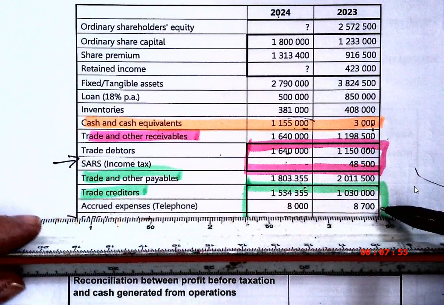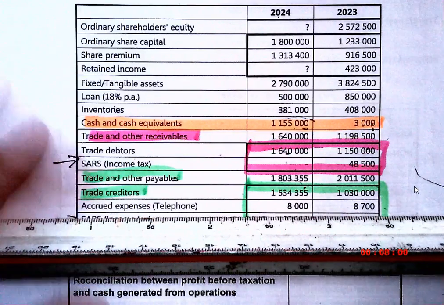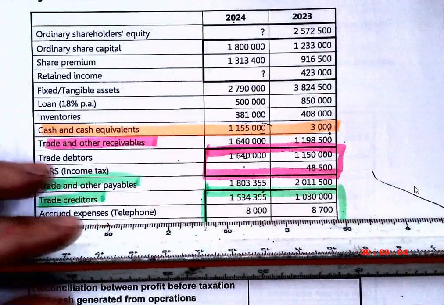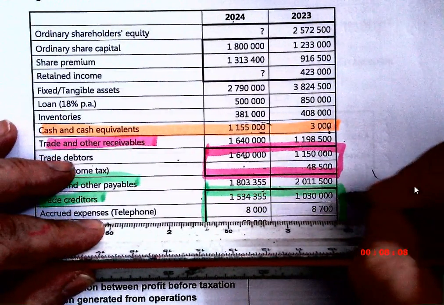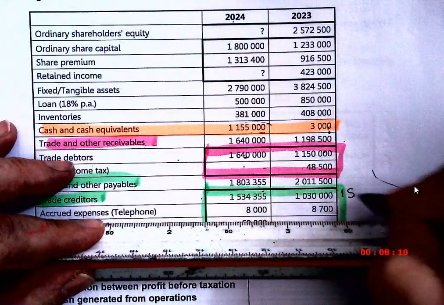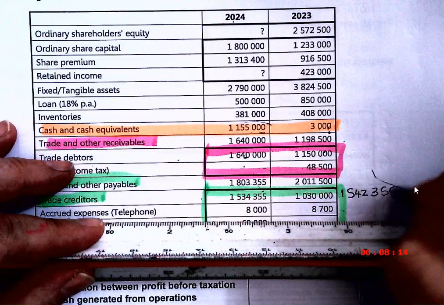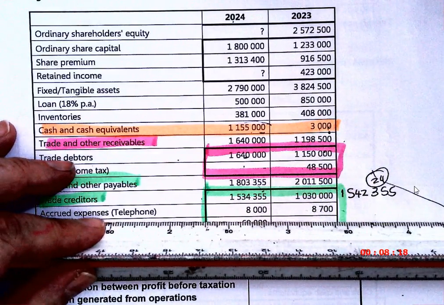Does that make sense to you? So in other words, I will add the 2. I'm going to do it for you quickly. I will add the 2. What is my total here? If I say 1534, it's going to give me 1542355. That's 24. And what is 23 then?